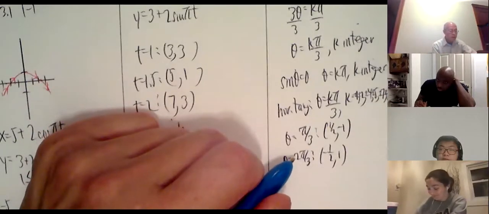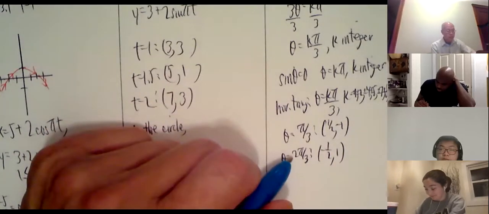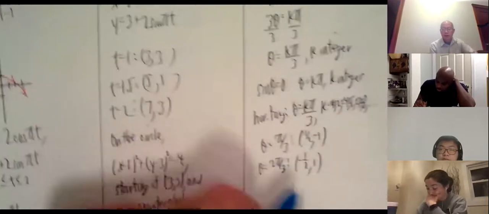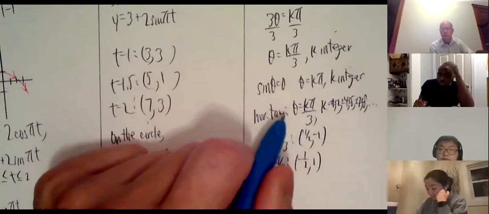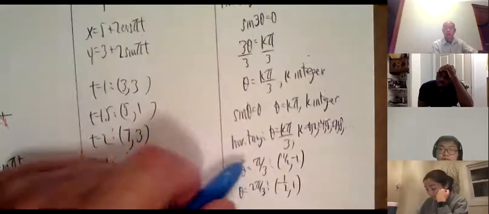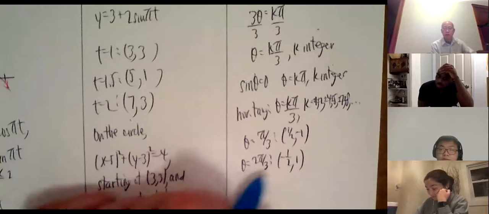And then it looks like we have nothing new after that. So we don't want 3 pi over 3 and so on. So if I keep going all the way around, I'm just going to get a repetition because these are both periodic functions. So (1/2, -1), (-1/2, 1), it looks like.